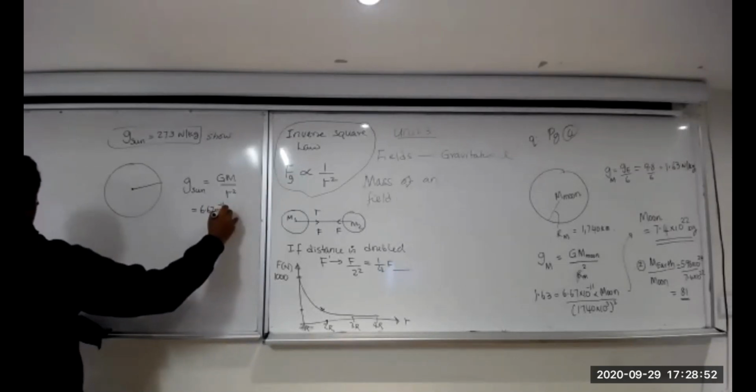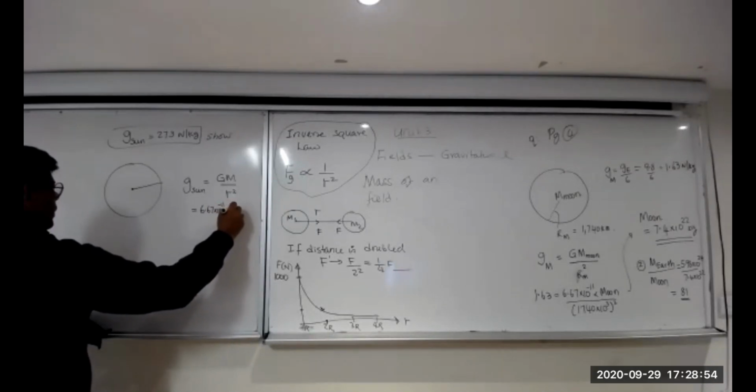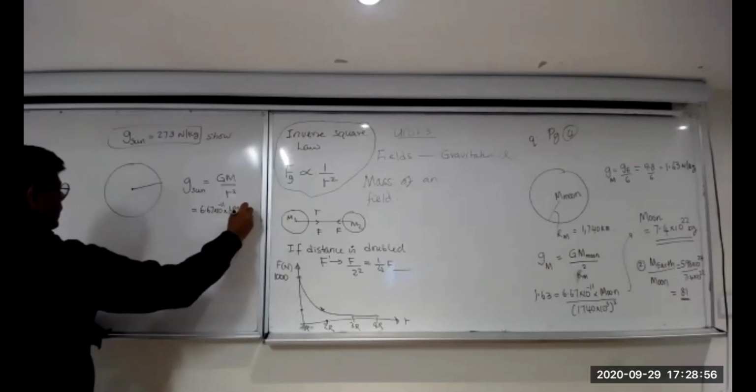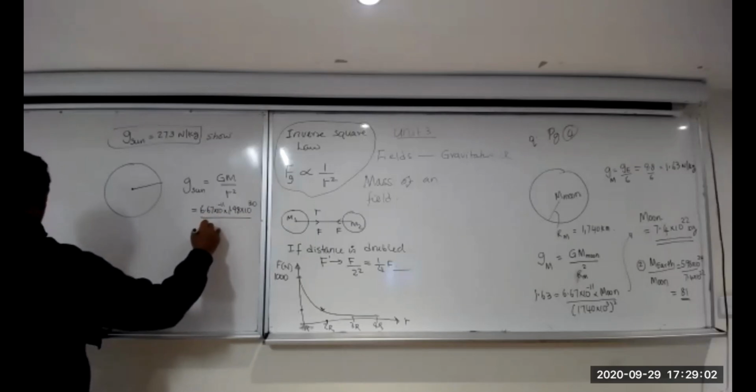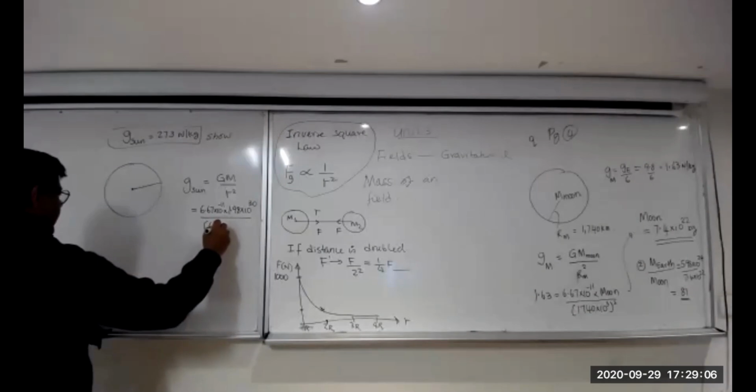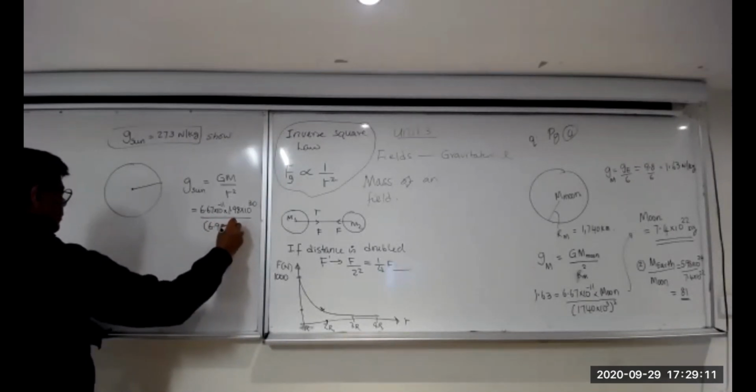The mass of the sun is about 2 times 10 to the power 30. The radius is in kilometers, guys, so you need to convert it into meters, 10 to the power 8 squared.